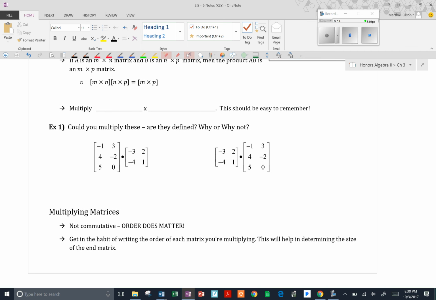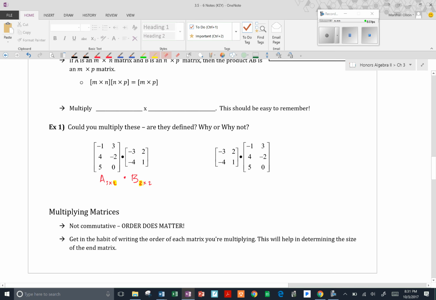So I'm going to skip down to example 1 here. This matrix here is a 1, 2, 3 by 1, 2. This is a 3 by 2 matrix. So I'm just going to say we have A being a 3 by 2. Write this up a little bit higher here. Okay. B, if we want to call it that, is a 2 by 2. So the first thing we want to do is check if we can do it.